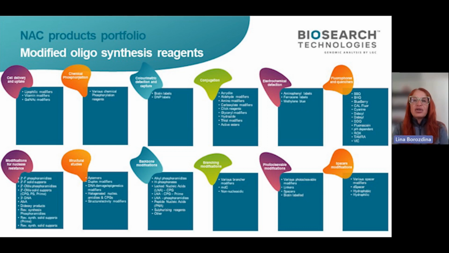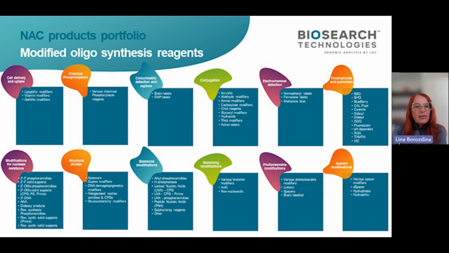Then there is colorimetric detection, conjugation, electrochemical detection, fluorophores and quenchers, which is quite popular right now because of COVID testing or in the MDx field. So you have your Black Hole Quenchers, Blueberry quenchers, TAMRA, and you have multiple fluorophores that go with them.